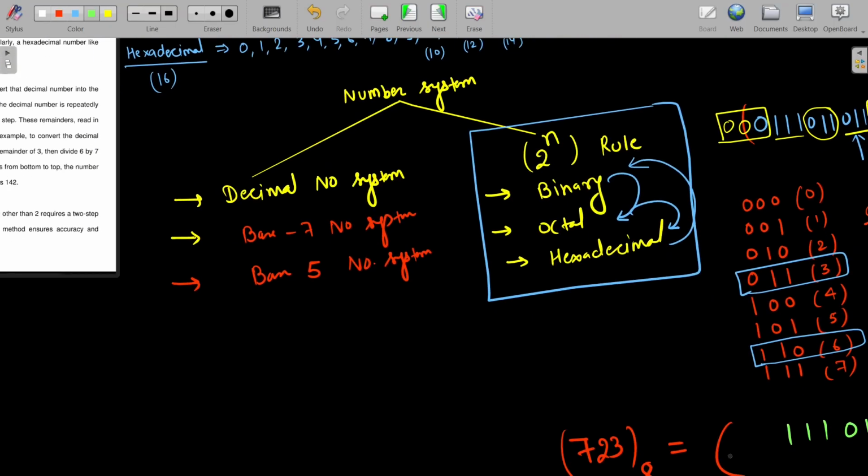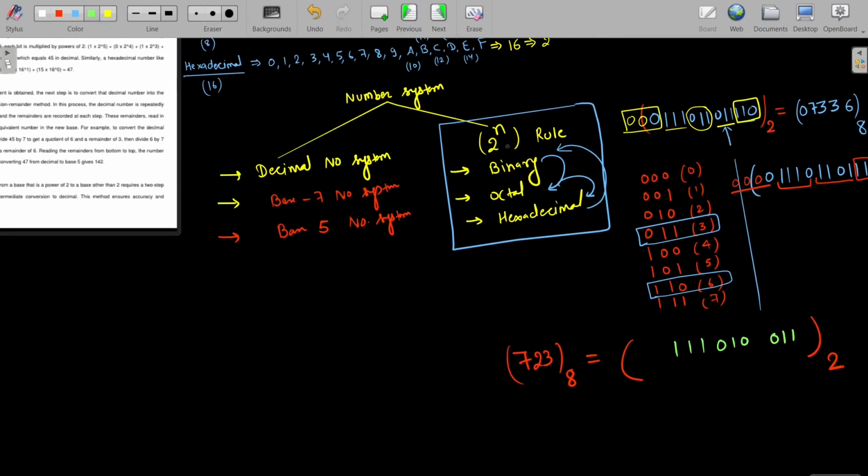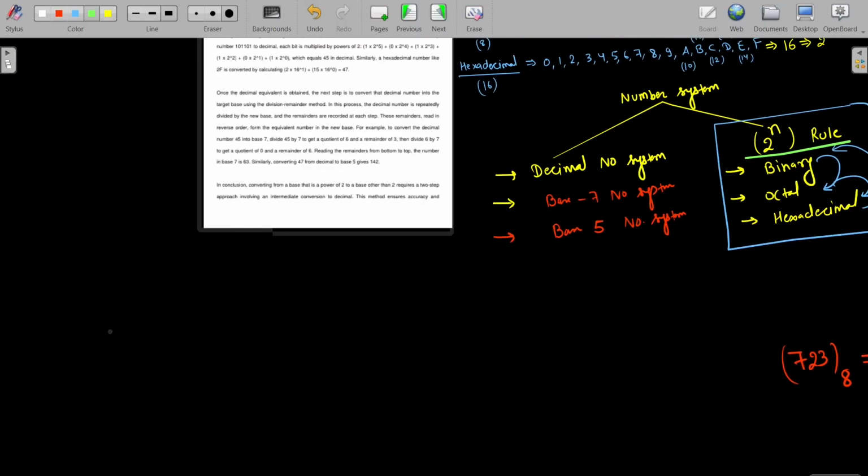Now, if we want to convert from this 2 raised to power n base to any other base, let me give you a mind map. Suppose you have this binary, this octal, this hexadecimal. Mostly these are used.